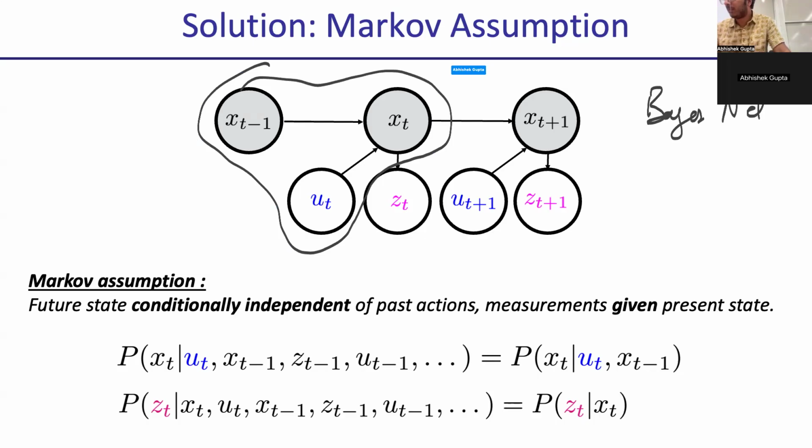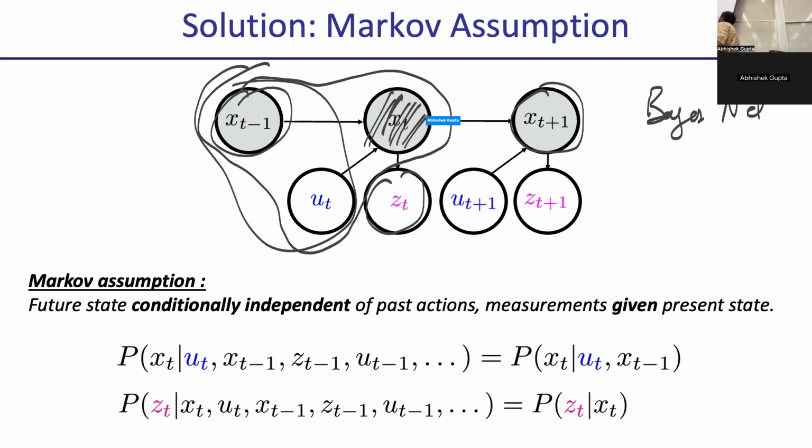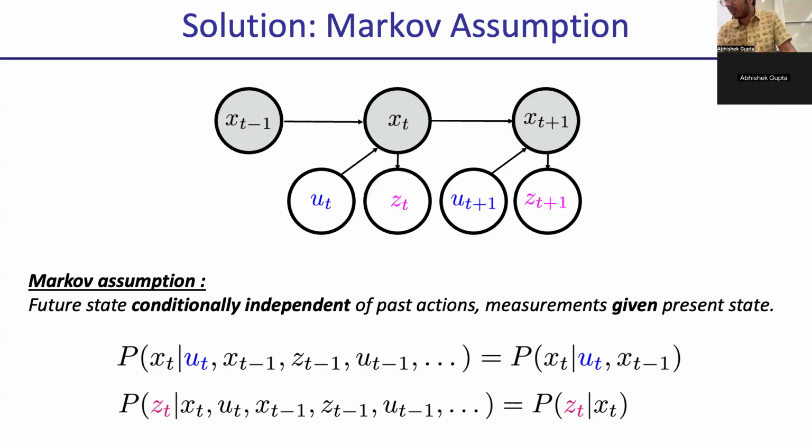It says that this thing is independent of this thing, conditioned on this thing, and that this thing is independent of all the previous stuff conditioned on this thing. We won't have enough time to get into this in class, but if you're interested after class, look up an idea called d-separation. D-separation tells you how to take any Bayesian network and figure out which things are independent from which other things. But in our case, the things you need to care about are the Markov property on state and the Markov property on measurement.